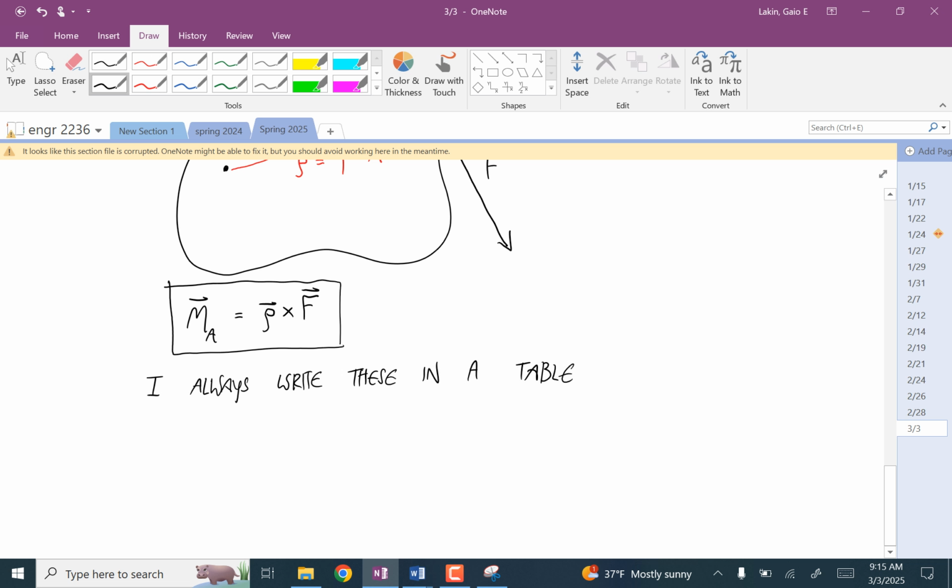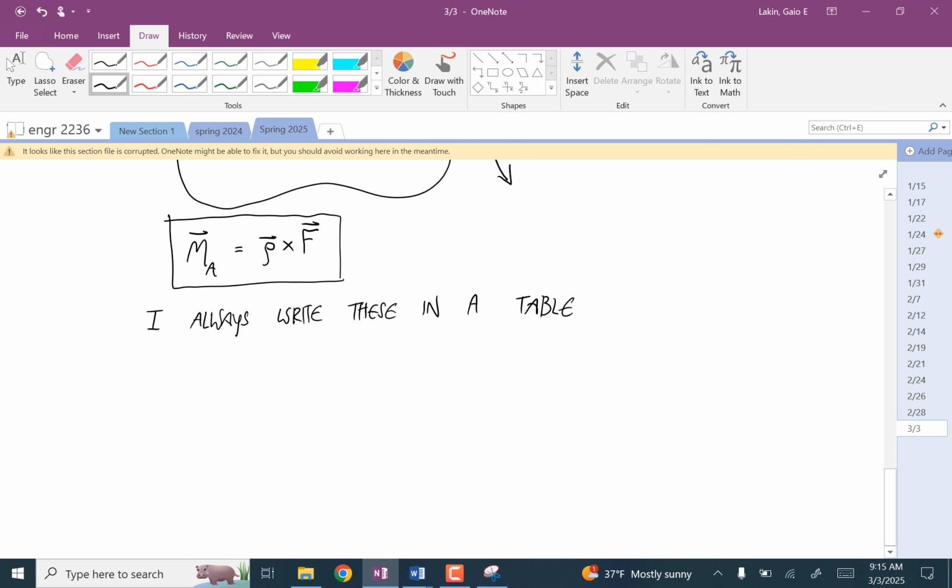Everybody who did statics with me has seen this. We have a column for the rho vector, a column for the force vector, and a column for the moment.